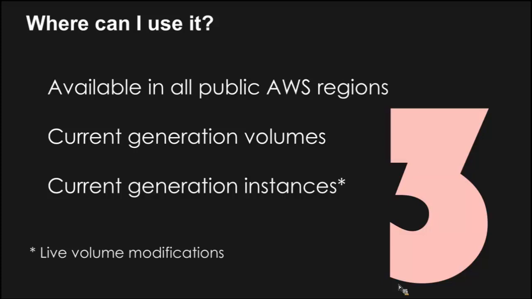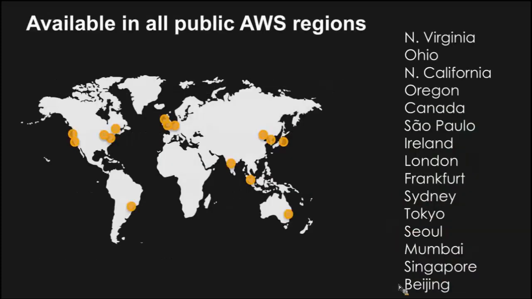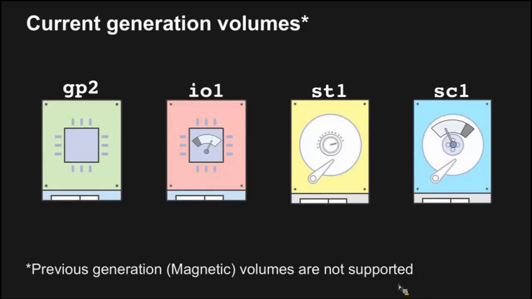So some of you may be asking yourselves, where can I use elastic volumes today? Well, what number is going to pop up? 3. That's right. I had to stretch to use 3, but I made it work. It's available in all public AWS regions today, with current generation volumes as well as current generation instances that can take advantage of live volume modification.